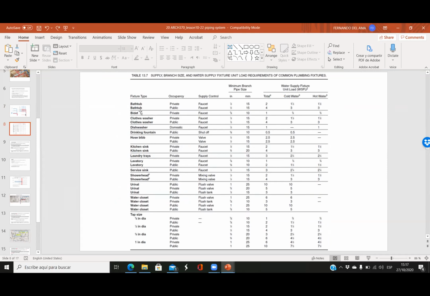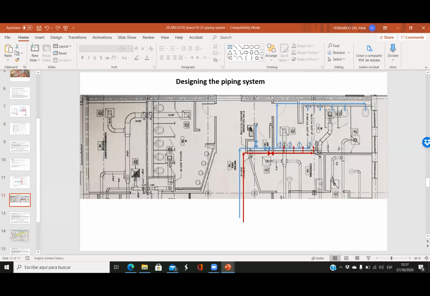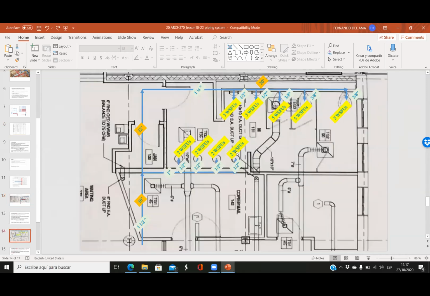We have bathtubs, bidet, washer, dishwasher, drinking fountain. We do have drinking fountains in the TDS center. I think there's a drinking fountain. Yeah, so those are two drinking fountains. Okay, when I calculated that, I didn't take the drinking fountain into account, but well, it's just an example.